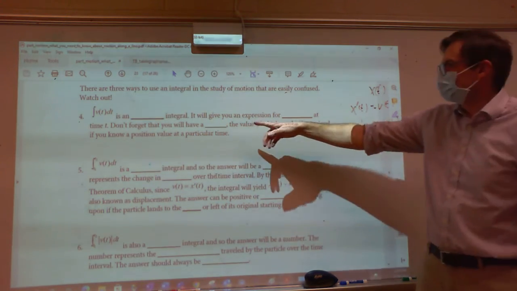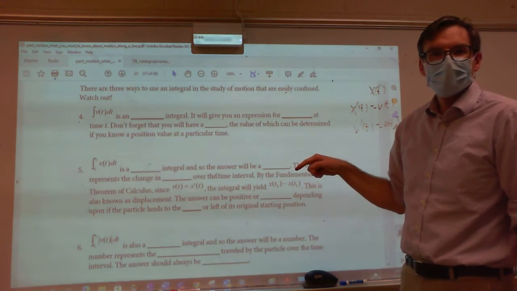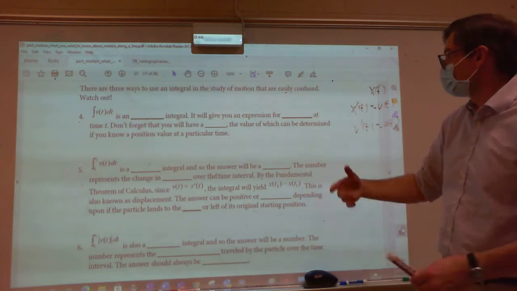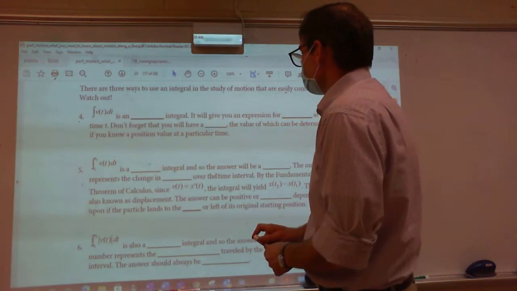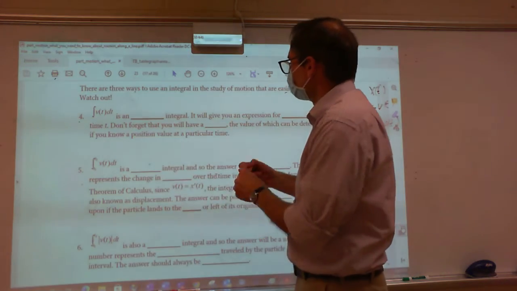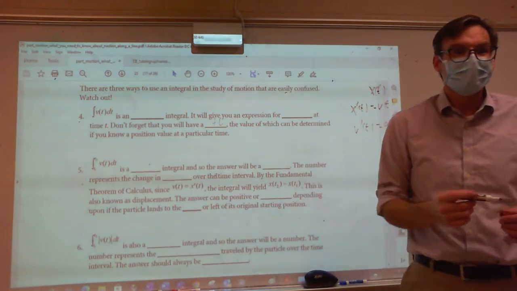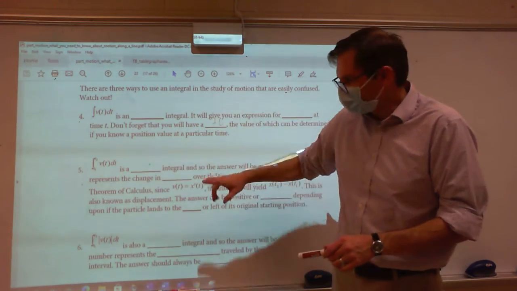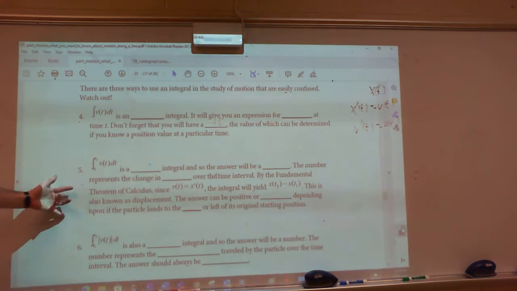So if you take the antiderivative of velocity, you get position. Everybody okay with that? And it's a function, it gives you a position, right? You also have that plus c. Remember when you take an antiderivative, you get a plus c? Basically, you've got to figure out what that c is, and we're going to come into some other things. But I really want to talk about these guys.